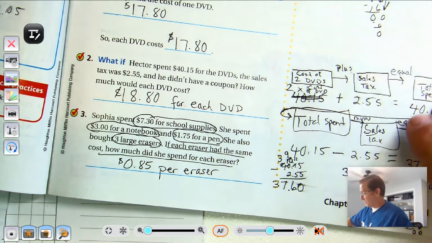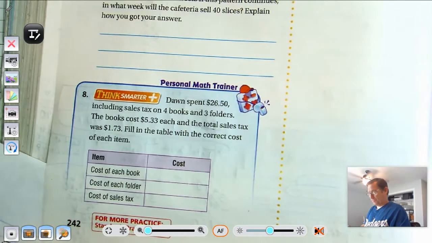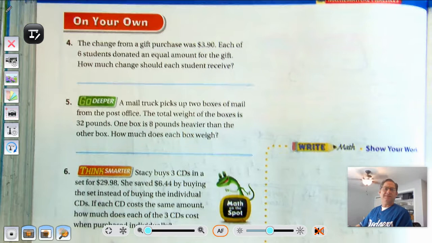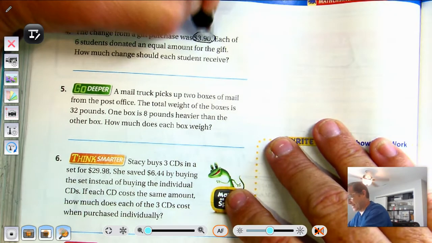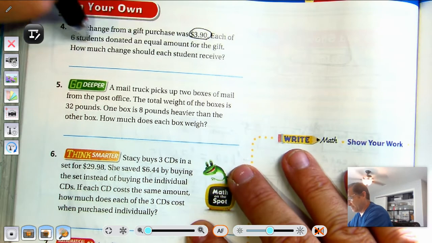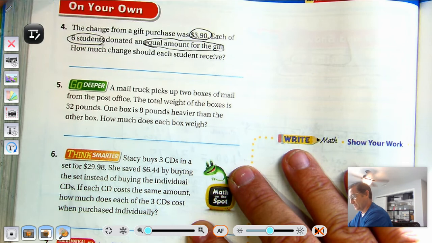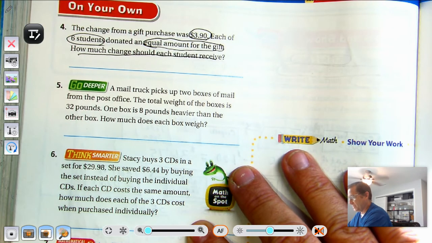All right, let's move on to page 242, number 4. All right, let's see. The change from a gift purchase was $3.90. Each of 6 students donated an equal amount. How much change should each student receive?